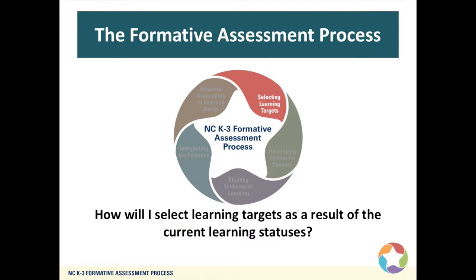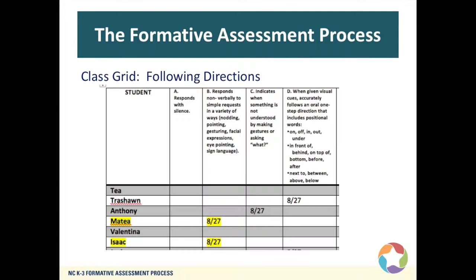So how will I select learning targets as a result of the students' current learning statuses? Let's say I've used an observation grid, such as this one, in order to record the evidence I gathered on a given day when I taught the lesson. I've done this by jotting down the date where I observed students to have a particular learning status.